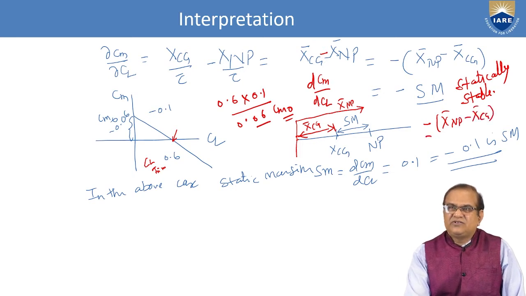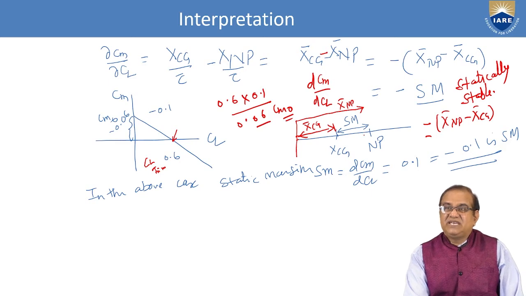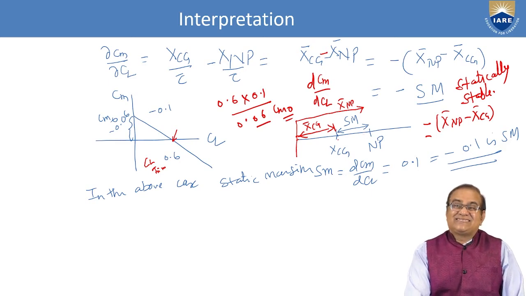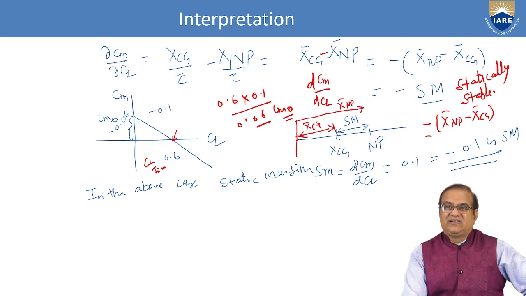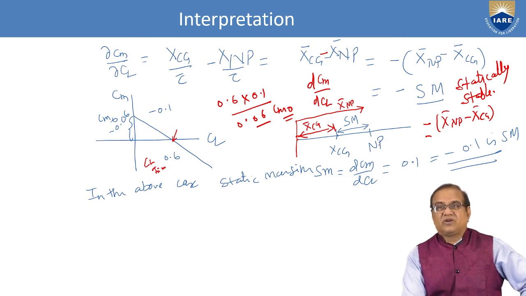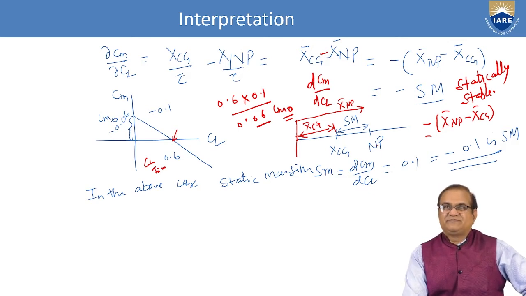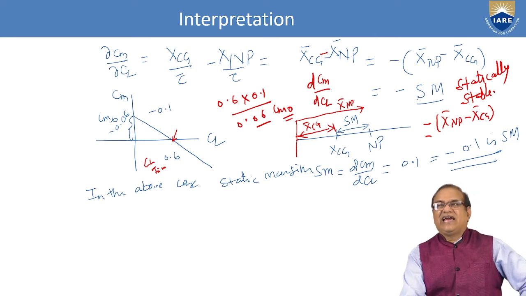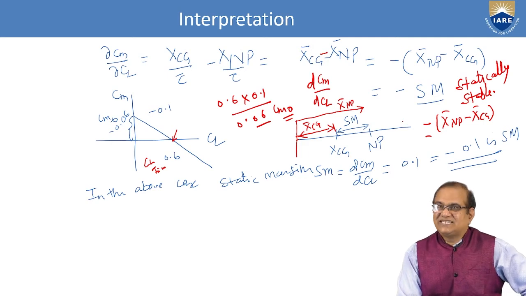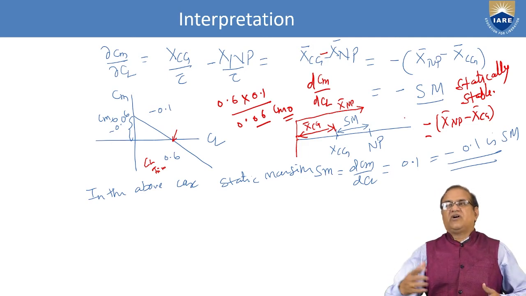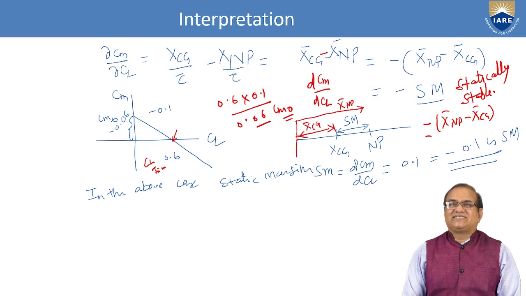If XNP is more than XCG, meaning the CG point is ahead of the neutral point, you will get Sm negative. So dCm by dCl will be negative, and if dCm by dCl is negative, it means your system is statically stable. So this is the importance of the neutral point as well as the static margin.